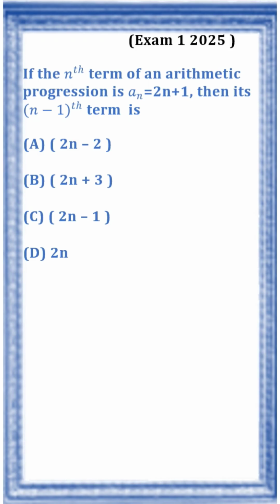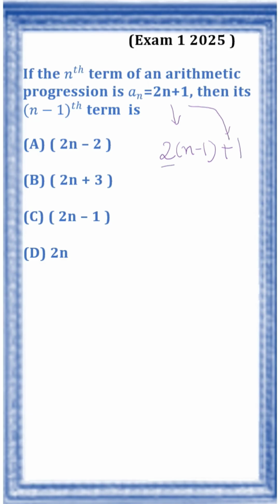A similar question has appeared in exam 1 of 2025. If the nth term of the arithmetic progression is an is equal to 2n plus 1, then its n minus 1th term is, instead of n, we have to put n minus 1, plus 1, this one.